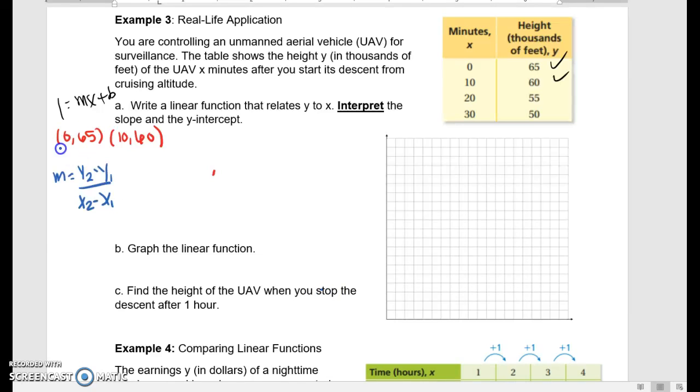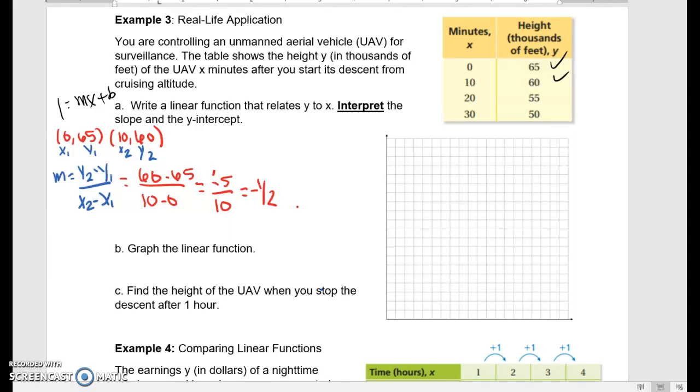I'm going to label them x1, y1, x2, y2, and then simply plug them in. 60 minus 65, and then I have 10 minus 0. I'm left with -5 over 10, which gives you -1/2.